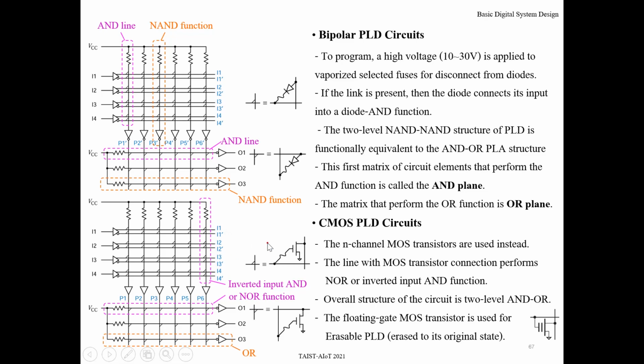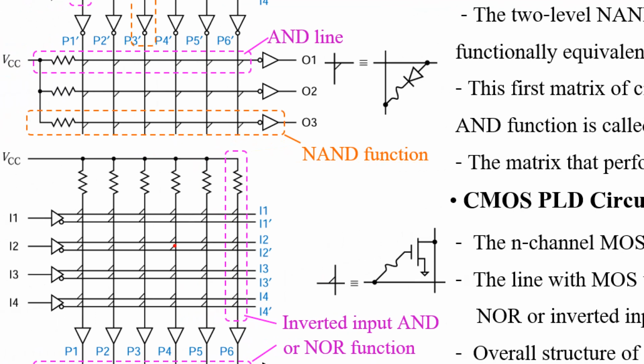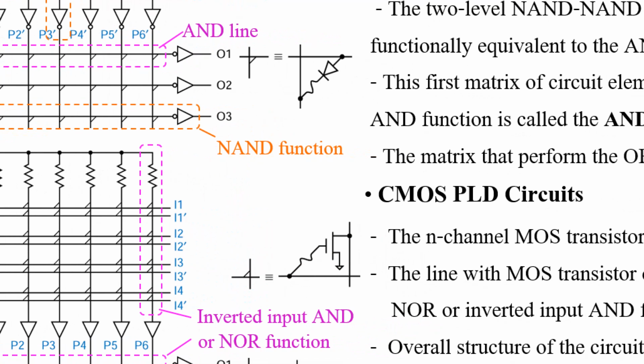For this one, we use CMOS instead of diode, because when the diode is on, the voltage is quite high, 0.7 volt. But if you use CMOS, the voltage level for low is lower. For example, this is the fuse, and this one is the transistor.